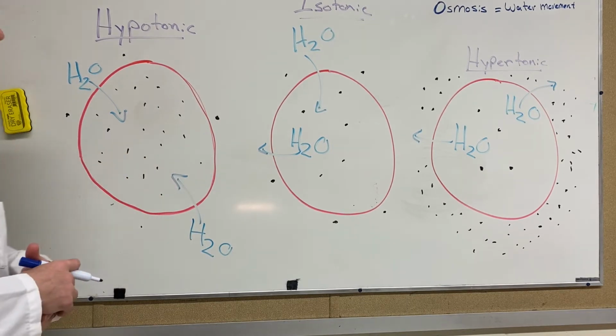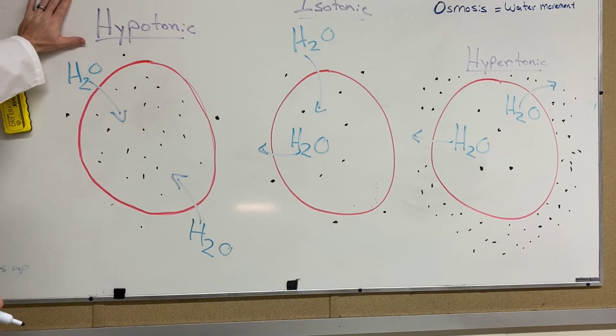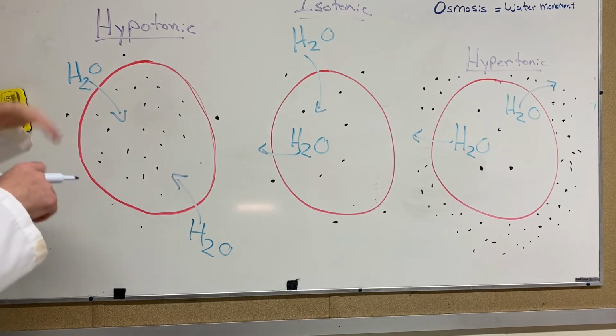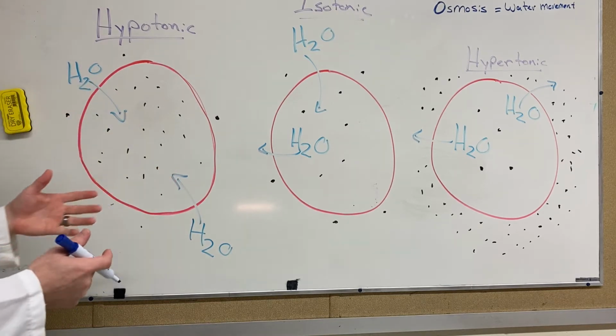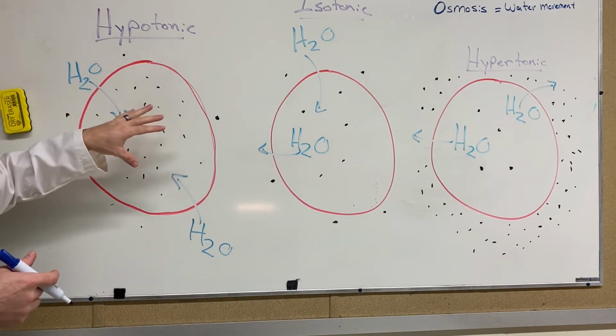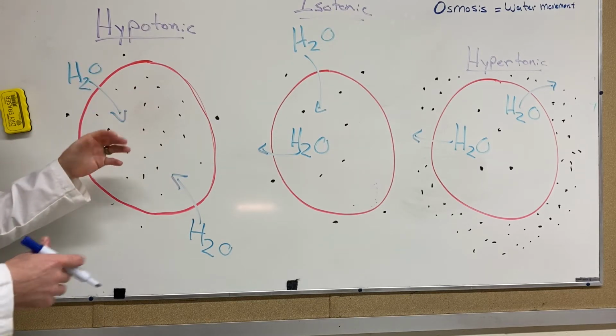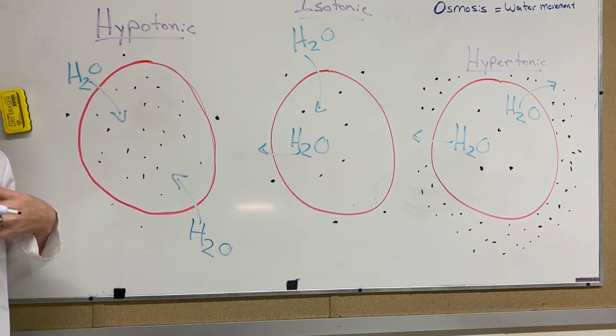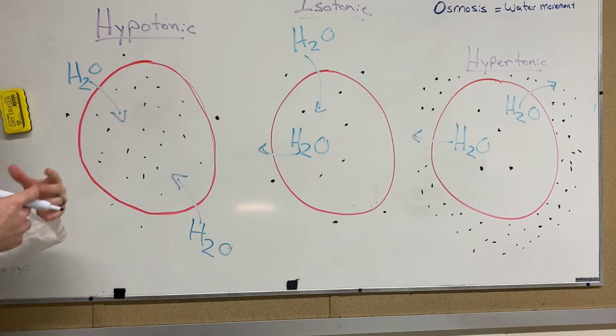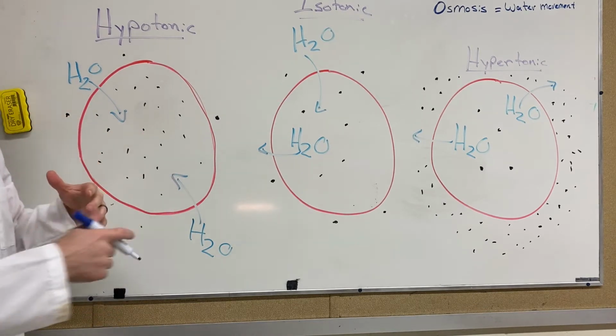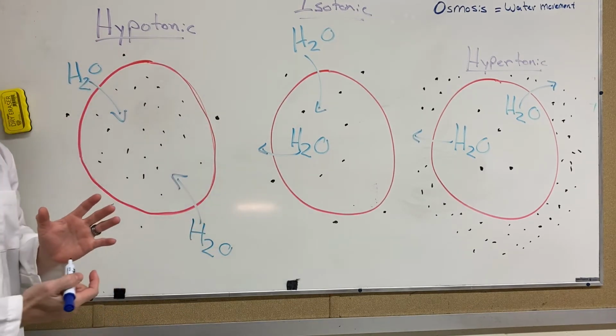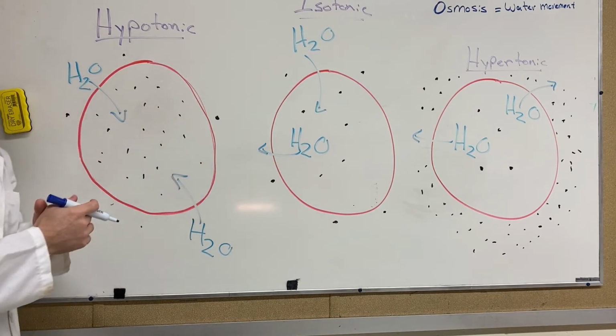As we look at the first one, we have a hypotonic state. I like to think of hypo as like a cell almost exploding because there's a higher concentration of solute on the inside of the cell. The cell has taken in a number of materials, and then the water wants to level it out because on the outside of the cell, there is a lower concentration of solute.